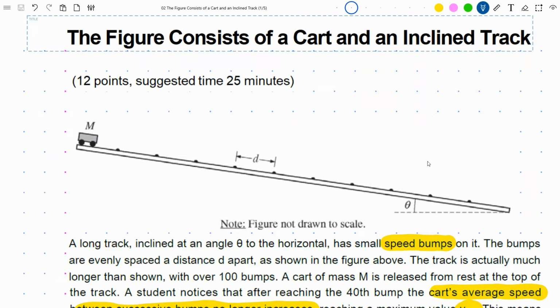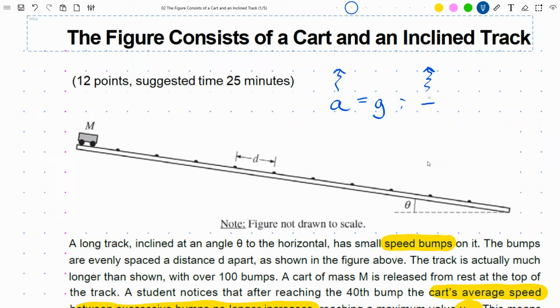In fact, you may be familiar with the equation: the acceleration for an idealized frictionless incline is g sine of theta. That's a very standard topic. So between 0 and 90 degrees, if theta increases, then the acceleration would also increase.